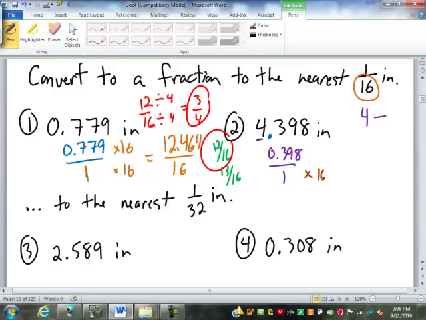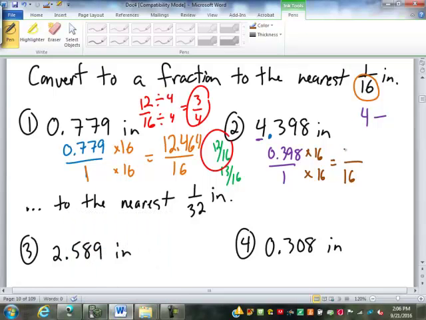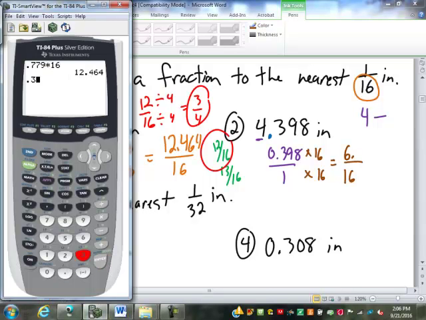Multiply it by 16 again, good. So 1 times 16 is 16. 0.398 times 16 is 6 point something. There we go, 6.368.